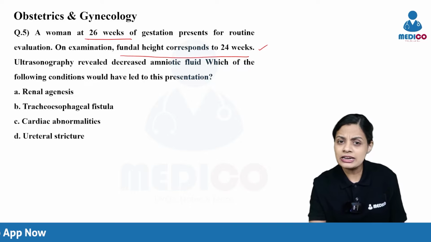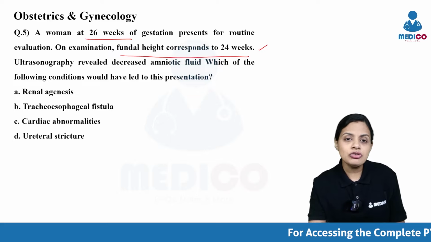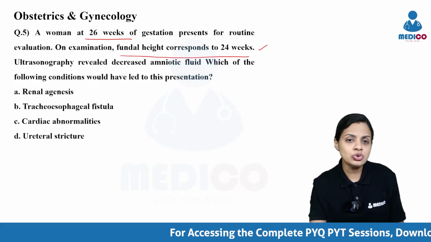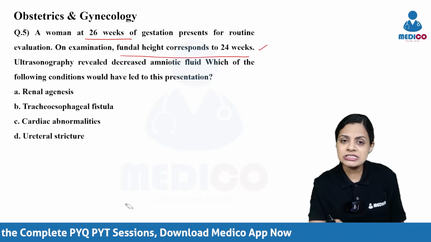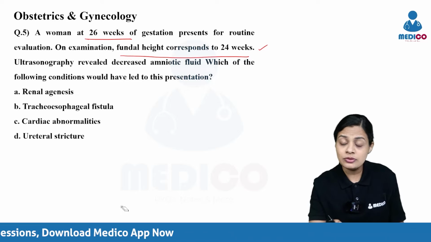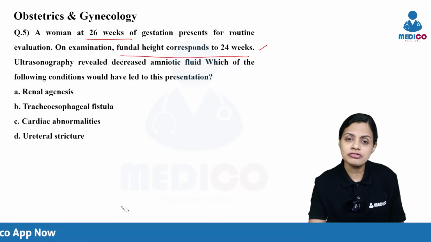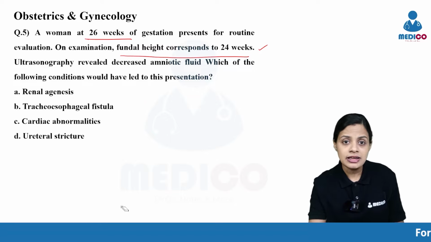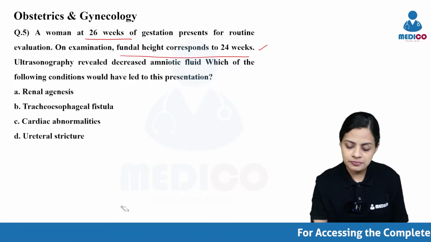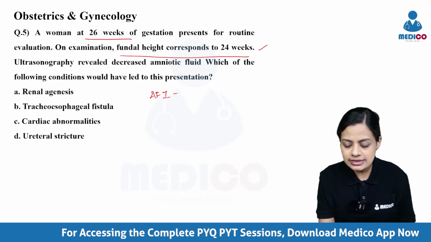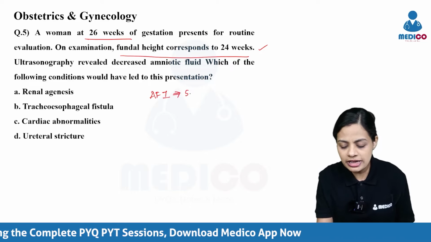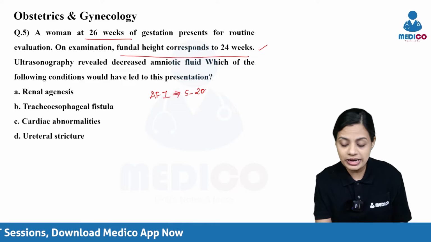How do you calculate amniotic fluid via ultrasound? You divide the abdomen into 4 quadrants, and you measure the single deepest pocket of amniotic fluid, a pocket that is free of the umbilical cord or fetal parts, and then you add all of those together. This is called the amniotic fluid index, and it is normally anywhere between 5 to 20.